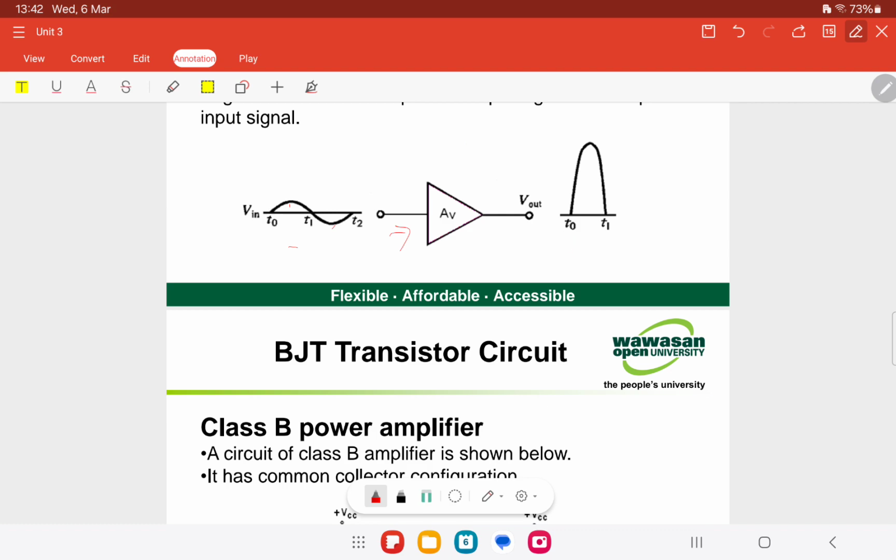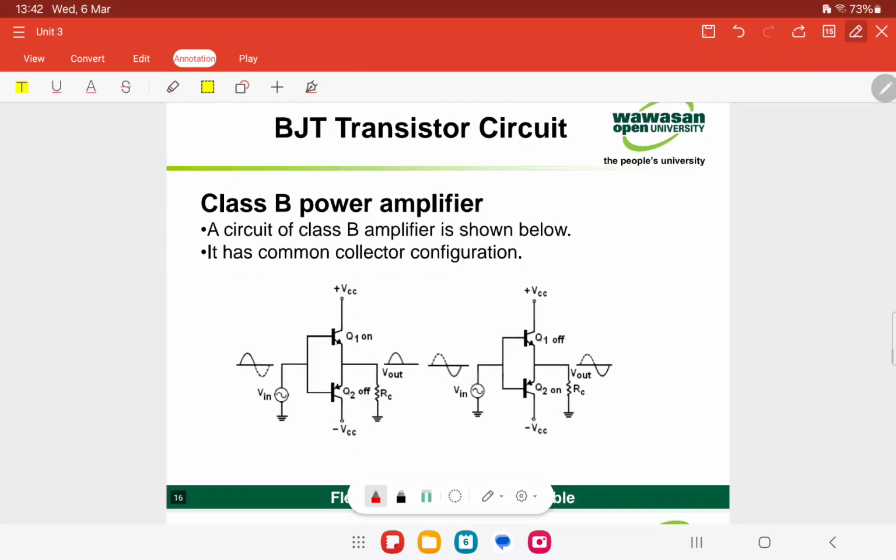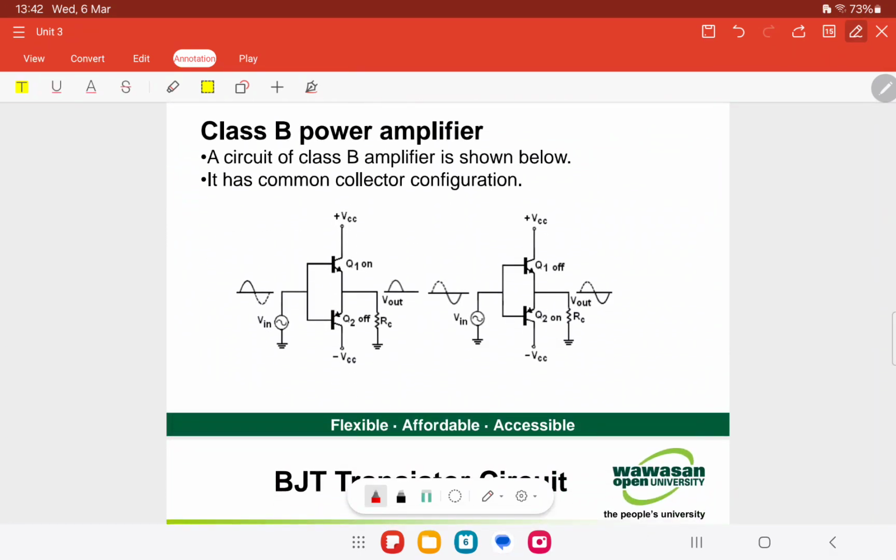It is biased at the cut-off region so that ICEQ is equal to 0, and VCEQ is equal to VCE cut-off for 180 degrees of the input cycle. So we have the positive cycle for 180 degrees only. This is the circuit for the class B power amplifier.